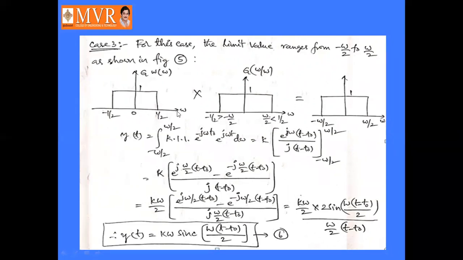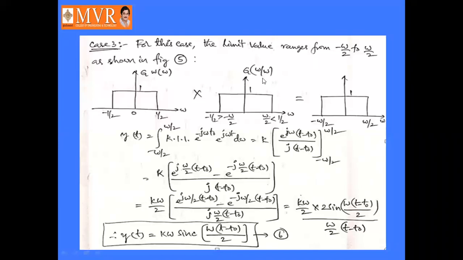By multiplying these two, g of omega into g of omega by omega is nothing but this function, so y of t will become the integral from minus omega by 2 to omega by 2 of k into 1 into 1 into e power minus j omega t naught into e power j omega t d omega. It is equal to k into e power j omega into t minus t naught by j into t minus t naught, with the limits minus omega by 2 to omega by 2.